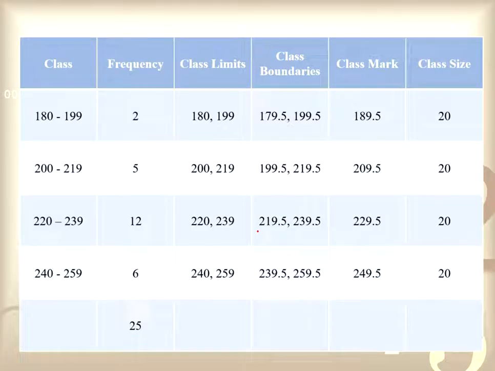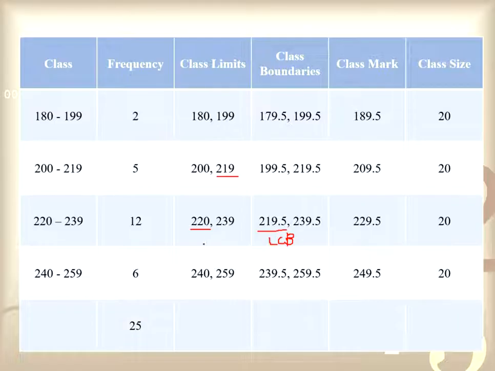Solve natin itong 219.5. So, ito yung lower class boundary, LCB. So, ano yung kailangan? Lower class limit of the concerned class plus upper class limit of the subsequent class.